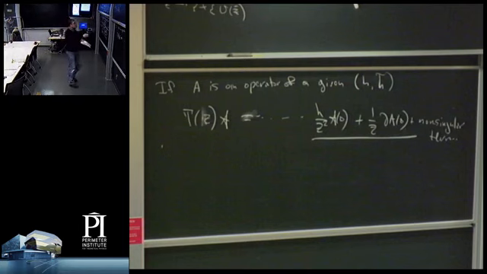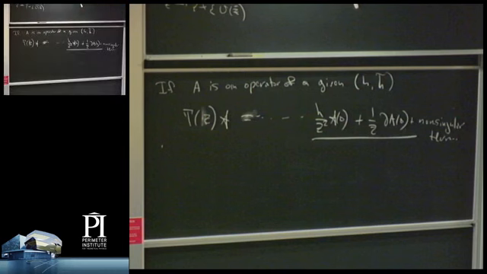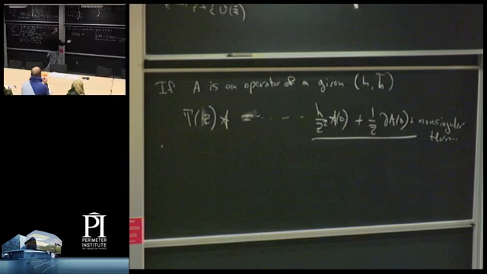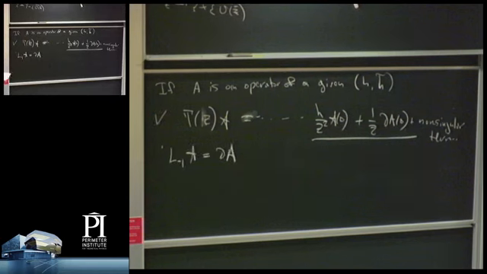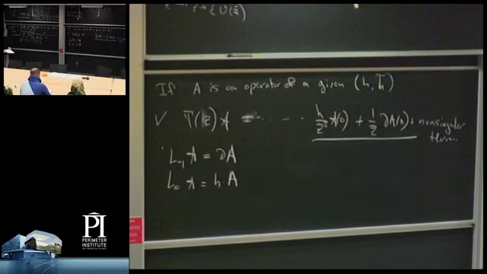Comparing this guy, for example, with this guy, what you see is L minus 1 acting on A gives del A. And then I have L0 acting on A gives h times A.